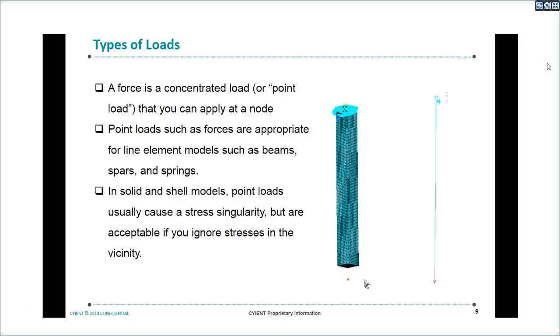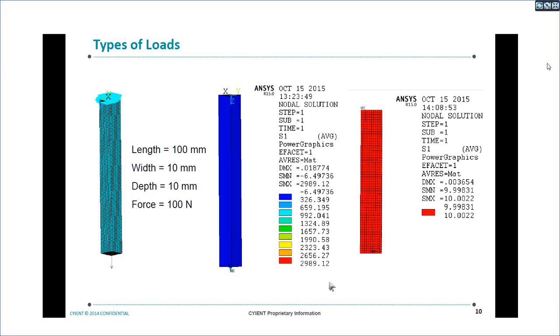So typically, if you want to apply load on one node, we should apply it only on 1D elements like beams, springs, and spars. If you try to apply it on a 3D model, we may get singular stresses. Let us look into it.